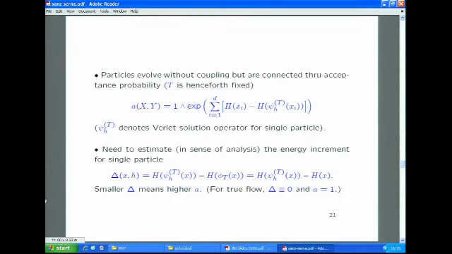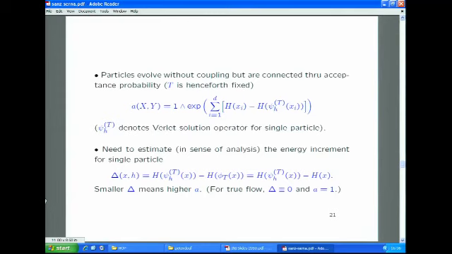But this accept reject is global. All particles take part in the accept reject, because I have to measure the aggregate change in energy. The thing in squared brackets is the energy that I've gained for one particle. I have to sum over the particles, take the exponential, and then take the minimum. And this is what determines whether I accept or reject.